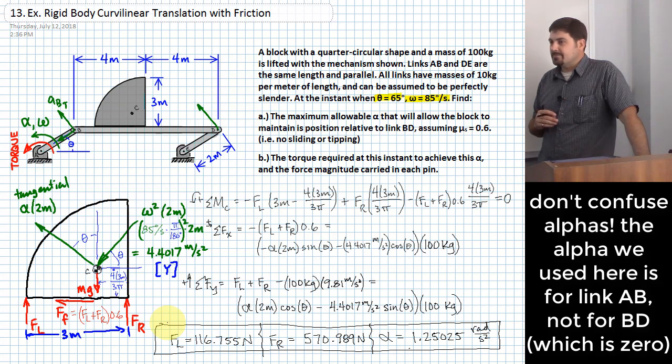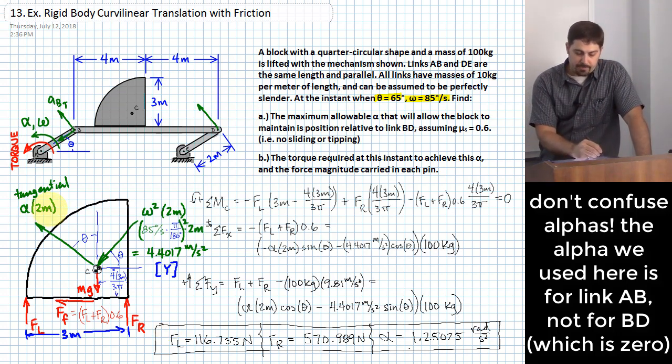How is it alpha is not 0, like for the x and the y? Well, you have to be very clear about what alpha you're talking about, okay? The alpha that I have drawn on this diagram is, like for the tangential component, for instance, right here.